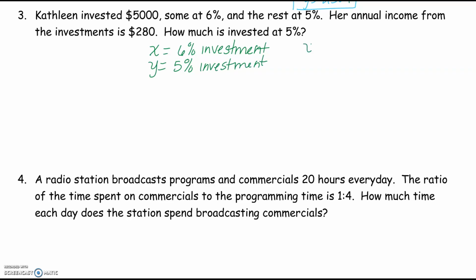So we know here that her 6% plus her 5% will give us the total amount of her $5,000. And she had 5% or 6%, so that's 0.06x, plus her 5%, 0.05y, she earned $280.